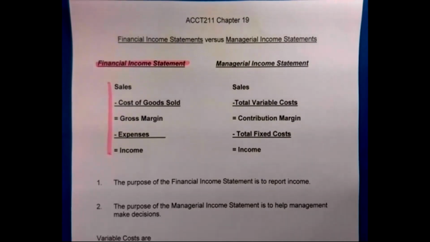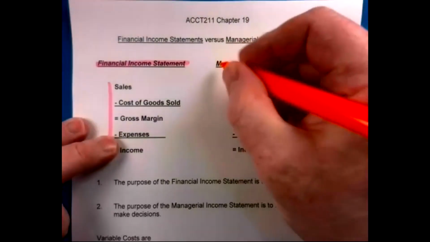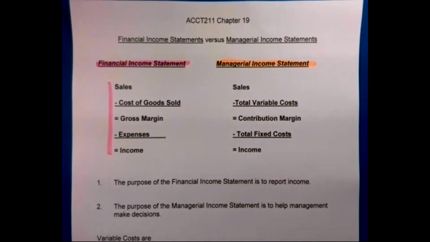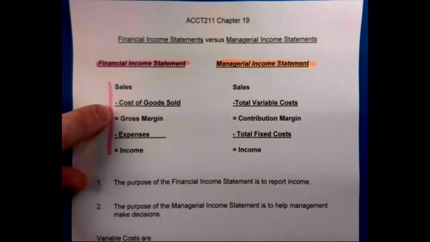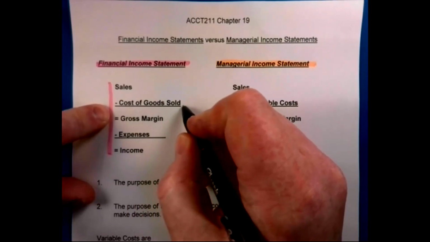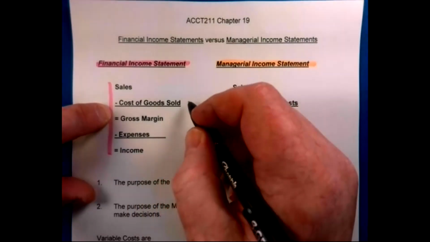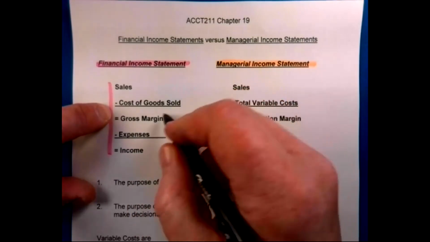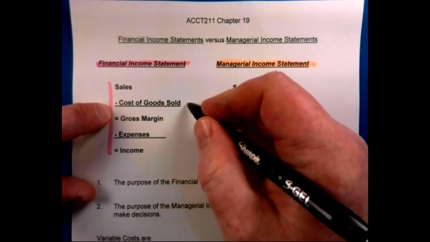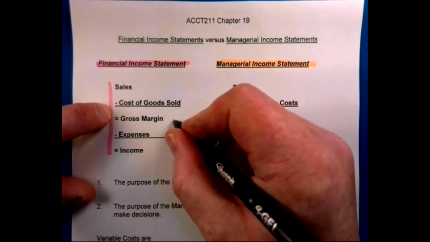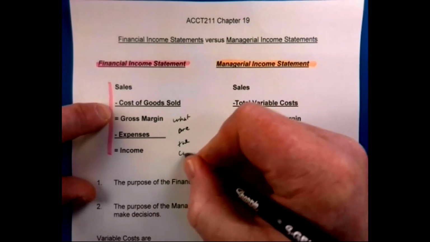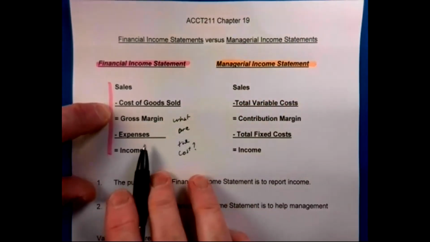Moving into chapter 19, we do things a little bit differently. In the financial statement, we're very aware of how you classify items based on whether they are for making the product or selling the product. You look at what they are. How much do you have in selling expenses?